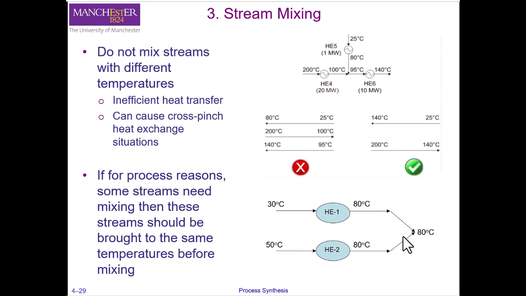Although this seems like mixing, because they are at the same temperature, the actual heat transfer at this point is zero. So again, the idea is that you extract or recover all the possible heat from hot and cold streams, and then you can mix them at isothermal conditions so that there is no heat transfer between the different streams.